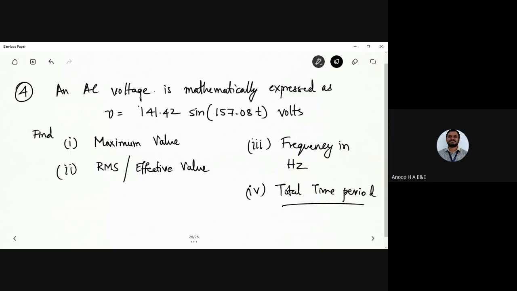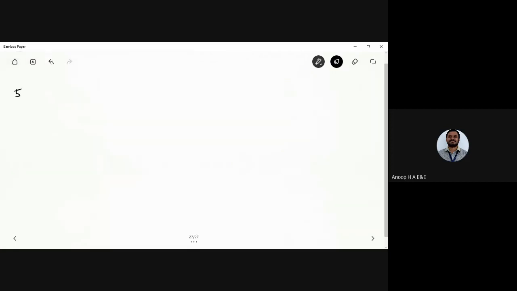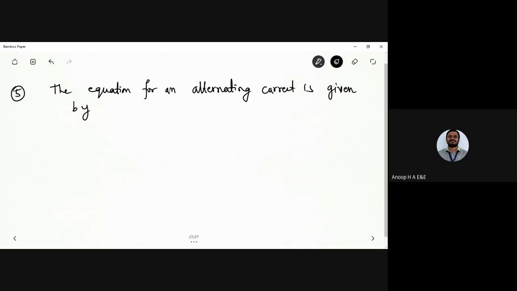This is the fourth problem that you can do, and the last problem for the day is the fifth one. The equation for an alternating current is given by I equals 62.35 sine 323 t amperes.